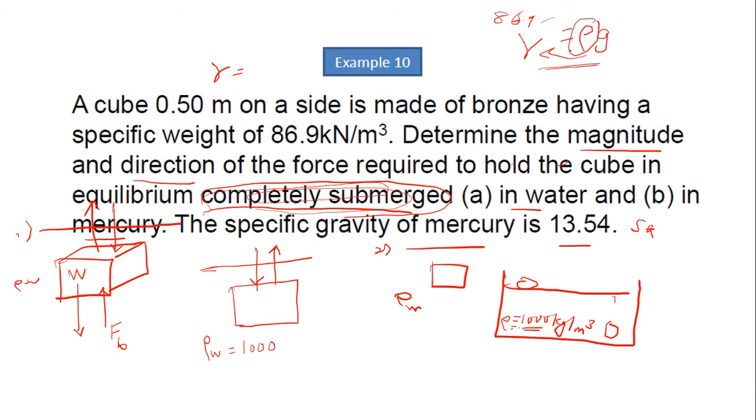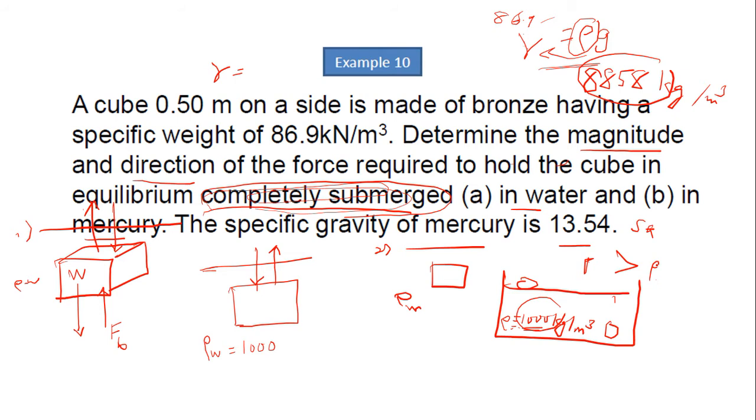So this will give you the rho of the bronze as 8858 kilogram per meter cube. And this is larger than 1000. So the rho of the bronze is larger than the rho of the fluid. So in natural position, if you throw the bronze, it will sink to the floor.